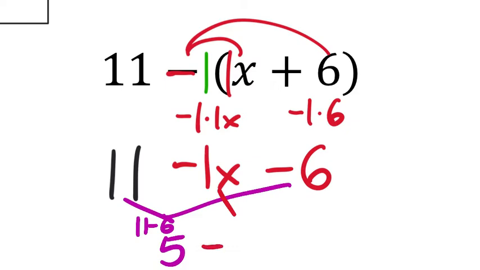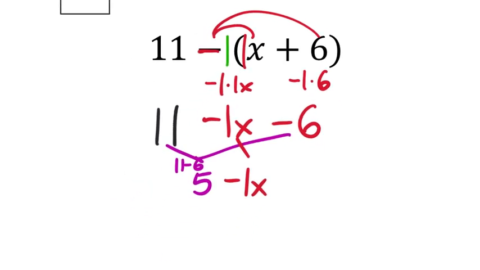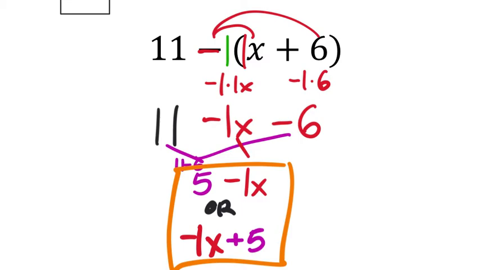And then this negative 1x, I just drop it. And again, I'll show it in its other format because some of you may have written it that way. It would be negative 1x and also positive 5. So plus 5 right here, okay? Either one of these will do because they are exactly the same thing, just shown in a different way, that's all.